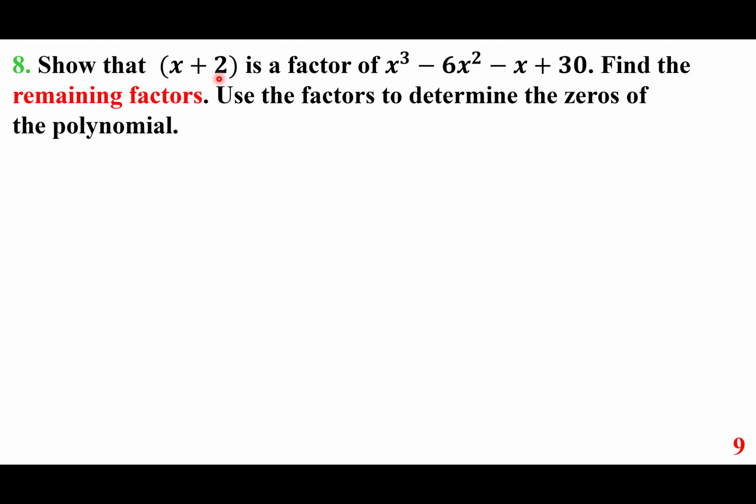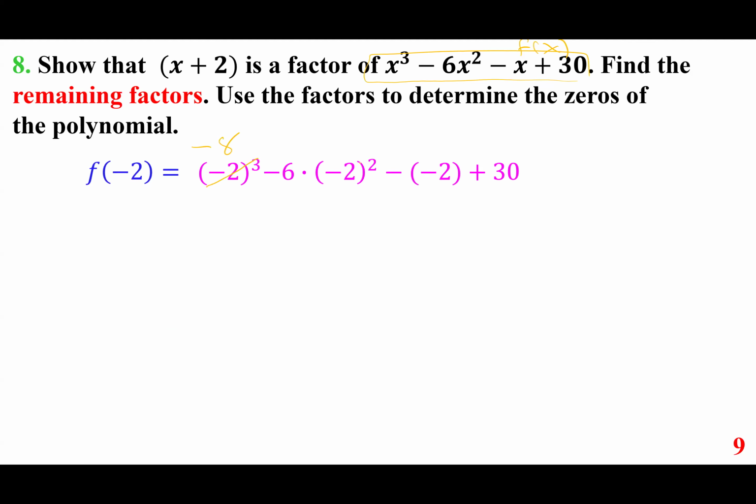Remember, division by x plus 2, you evaluate it at -2. So you want to find f of negative 2. So negative 2 quantity cubed minus 6 times negative 2 squared minus negative 2 plus 30. So this is negative 8. This is positive 4 with negative 6. The product is negative 24 plus 4 plus 30.